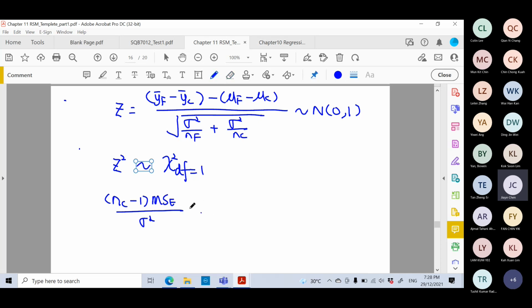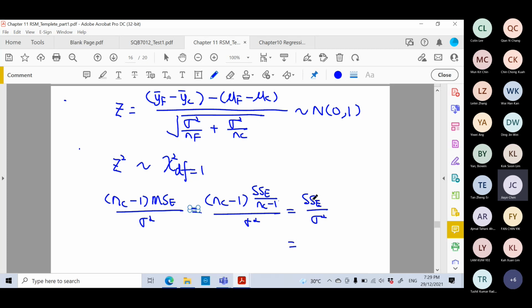This one is the MSE, which equals the SSE divided by (NC minus 1). So (NC minus 1) times MSE over sigma square is actually the SSE over sigma square.